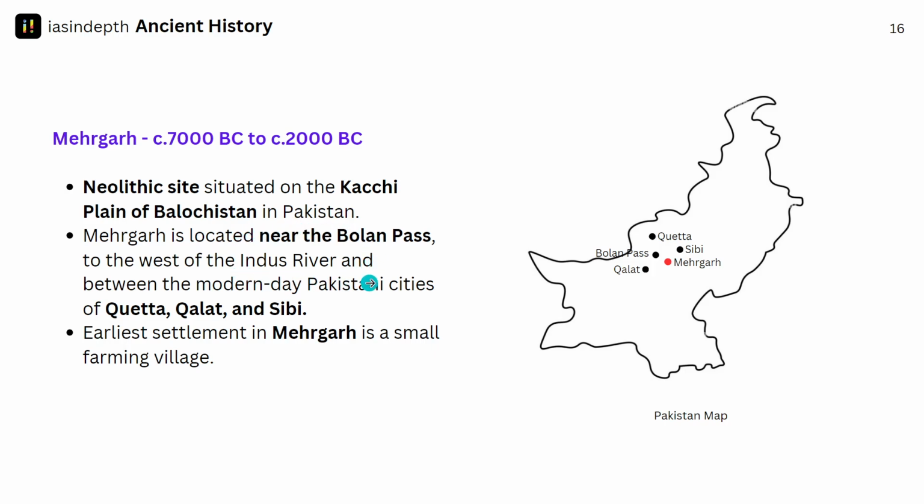The Indus River is very important because in the next phase, like during the Indus Valley civilization, the site of Mohenjo-daro is located on the banks of the Indus River. So to the west of the Indus River, the site of Mehrgarh is located near the Bolan Pass between the modern-day Pakistani cities of Quetta, Kalat, and Sibi. And we can see the earliest settlement of the period in Mehrgarh. It's a small farming village.